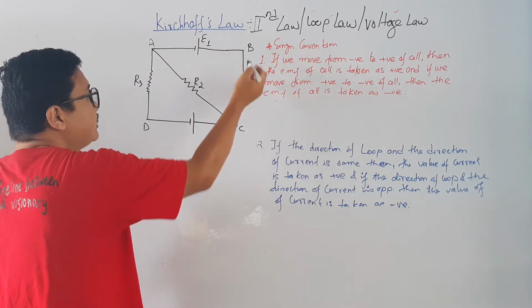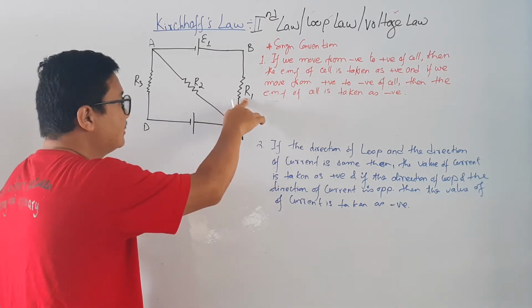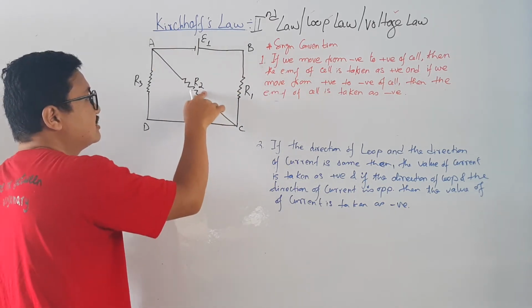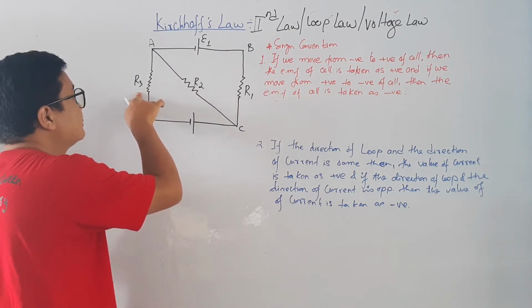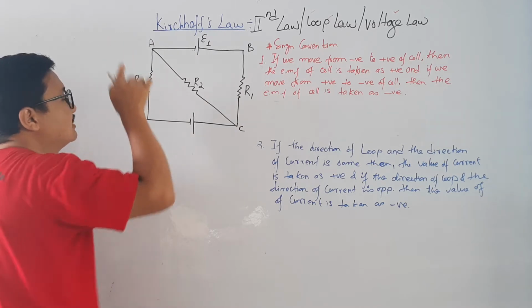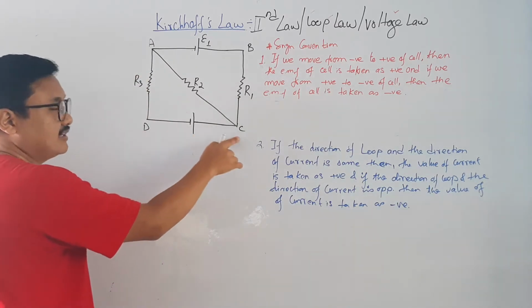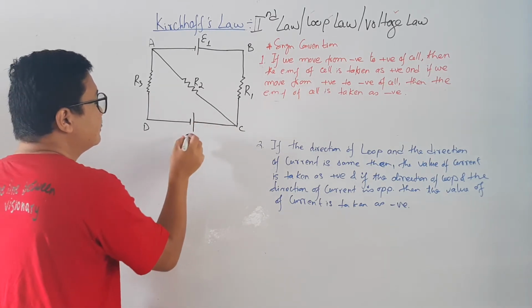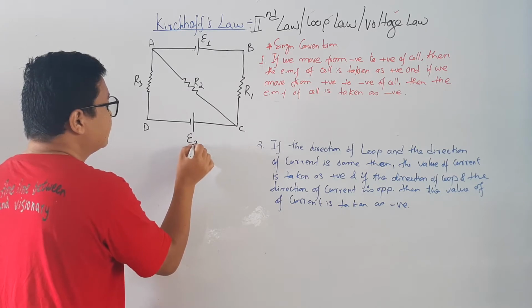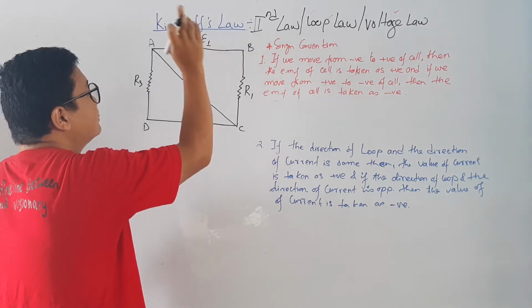Similarly, from B to C there is one resistance, let us consider this as R1, and from A to C there is another resistance R2, and there is another resistance between A and D. Let us say this is R3. Between D and C there is another cell. Let the EMF of that cell be E2, and the EMF of the other cell is E1.